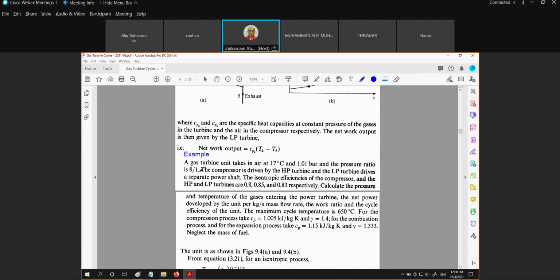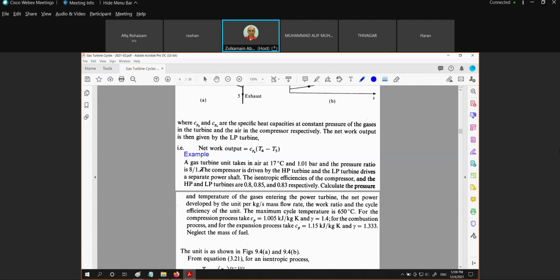The isentropic efficiency of the compressor and the high pressure and low pressure turbine are 0.8, 0.85, and 0.83. Calculate the pressure and temperature of the gases entering the power turbine, the net power developed by the unit per kilogram per second mass flow rate, the work ratio, and the cycle efficiency of the unit.